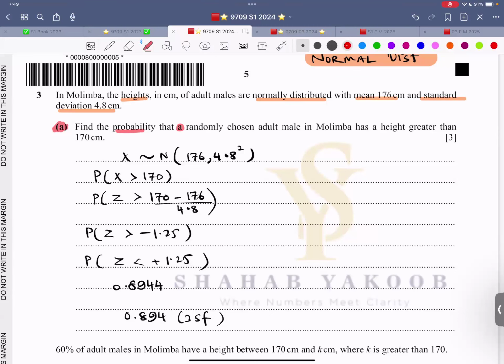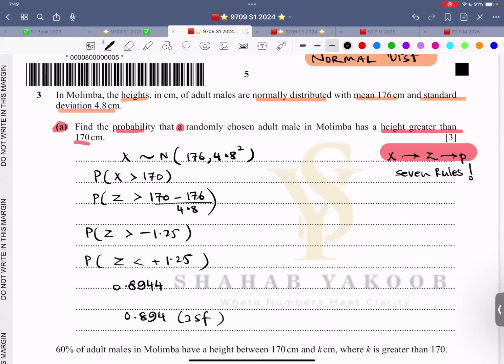Randomly chosen adult male has a height greater than 170. So that is basic thing. And what basic thing is this? The basic thing over here is that we are using the X value to convert it into Z value to find the P value. So that is the story of 7 rules.